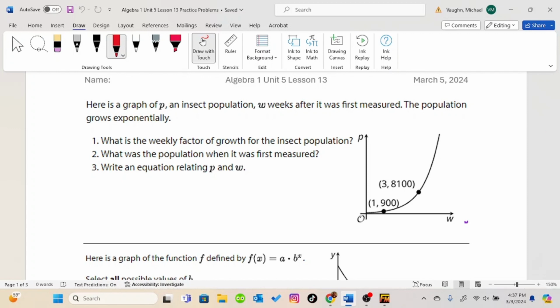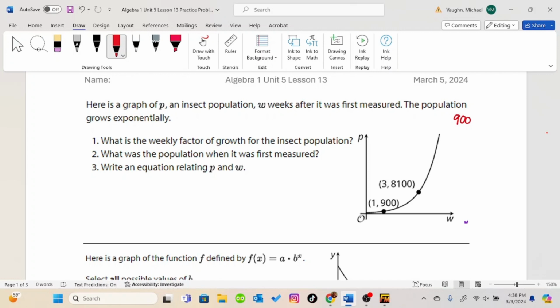So here's what we know. After 1 week, the population was 900. 2 weeks later, it was 8,100. So we need to figure what we can multiply each time to go from 900 to 8,100.